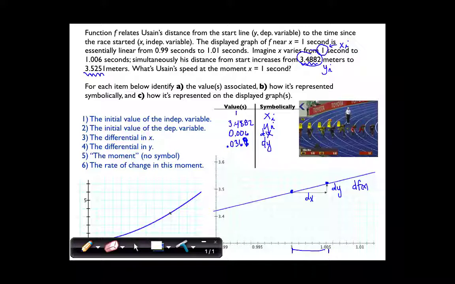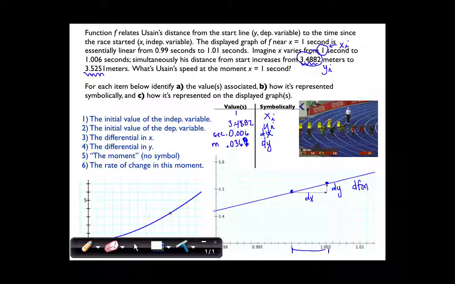So this is units on these. This 0.006 is a time: as dx increased, we let it increase by 0.006 seconds, or we let 0.006 of a second elapse. And during that time, this is a number of meters. So apparently he ran 3.69 centimeters. This is a number of meters that went by.